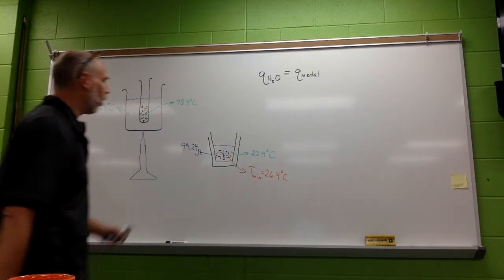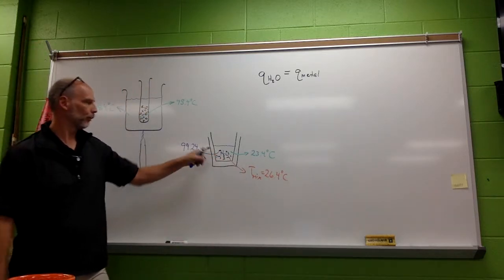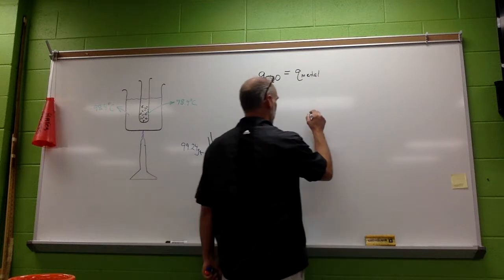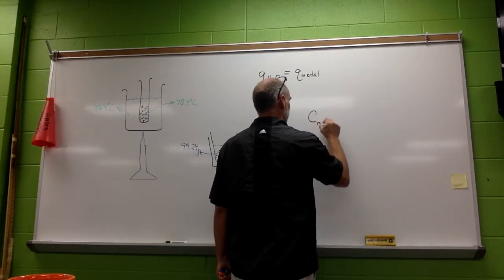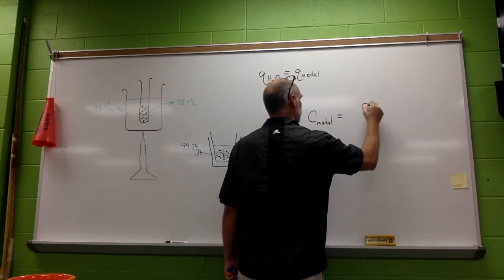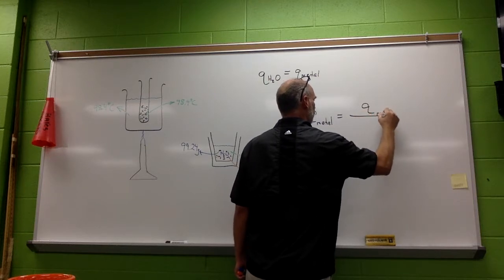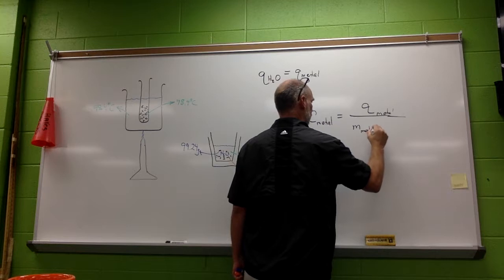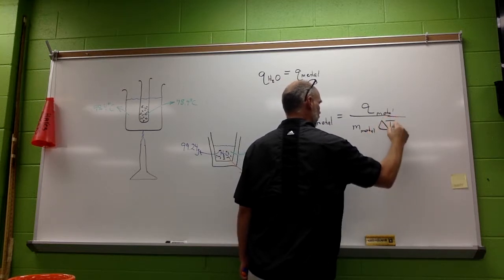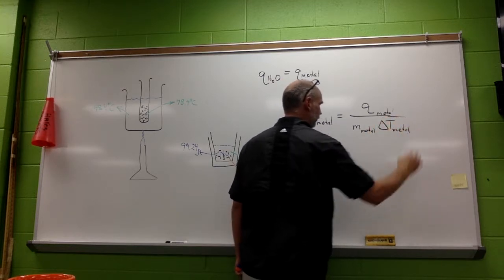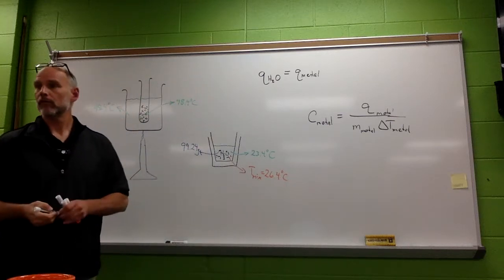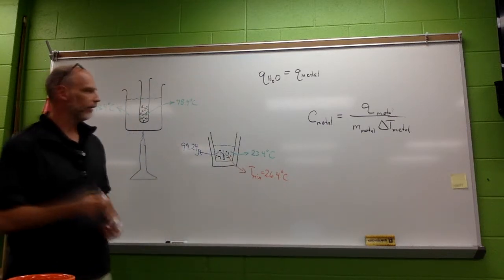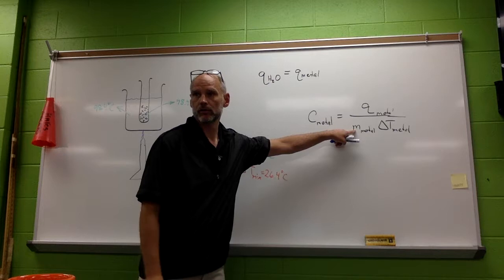So all we have to do, we're trying to find the heat capacity of the metal. Well, in order to find the heat capacity of the metal, I need to know its mass.